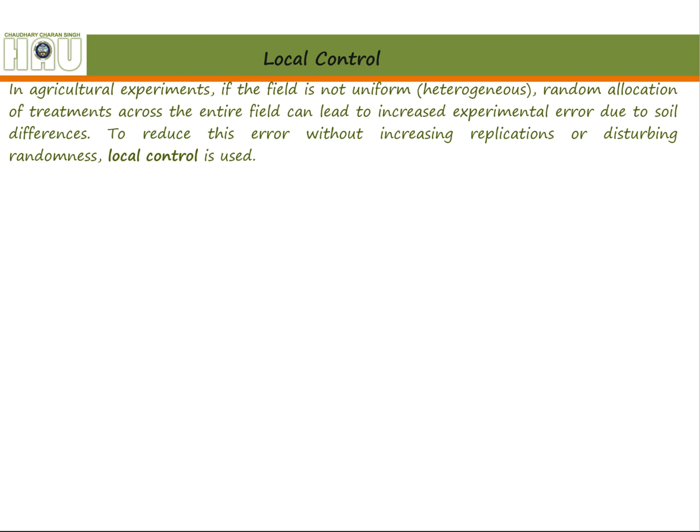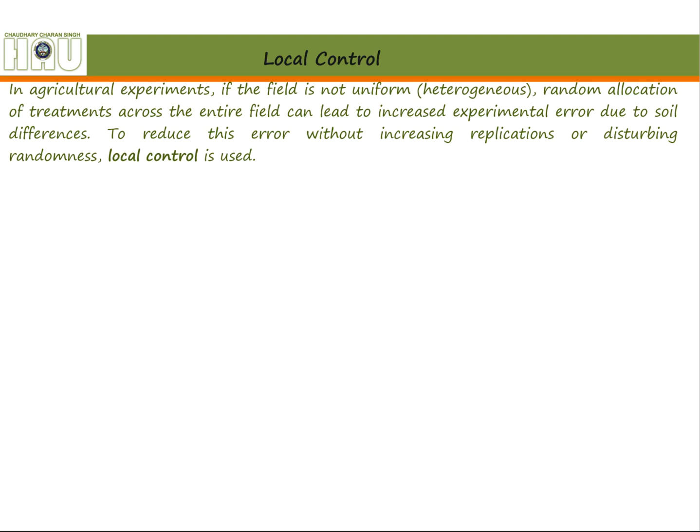So in order to reduce this error without increasing the number of replications or without disturbing the randomness, local control is used. Means we apply certain local techniques in order to reduce such kind of variability. So this is local control.